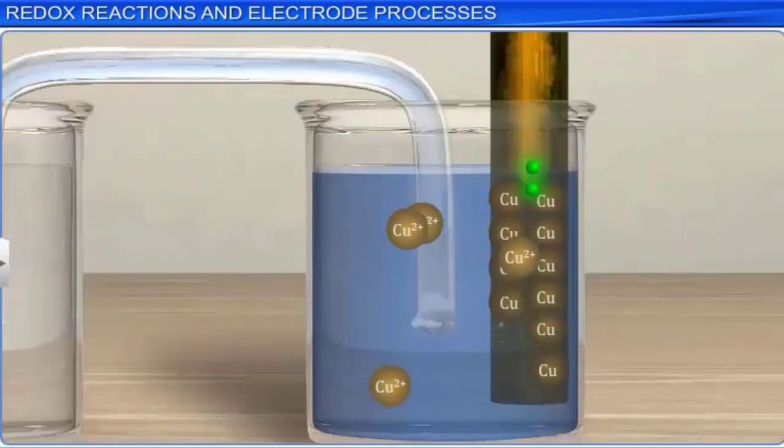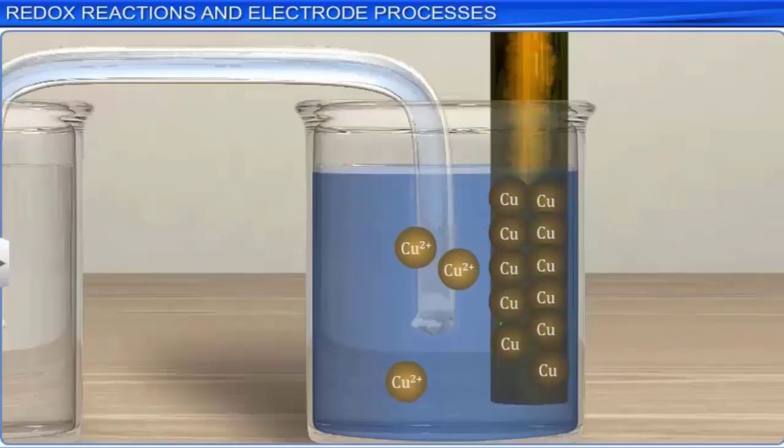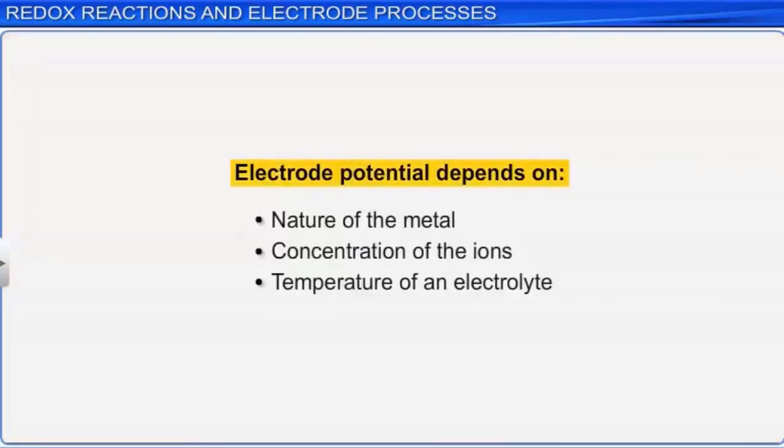The potential of any electrode, commonly known as electrode potential, is the potential difference between it and the electrolyte surrounding the electrode. The electrode potential depends on the nature of the metal, concentration of the ions, and the temperature of an electrolyte.